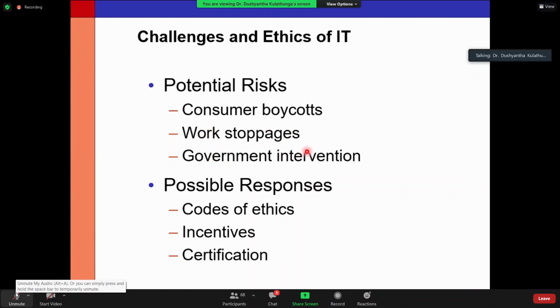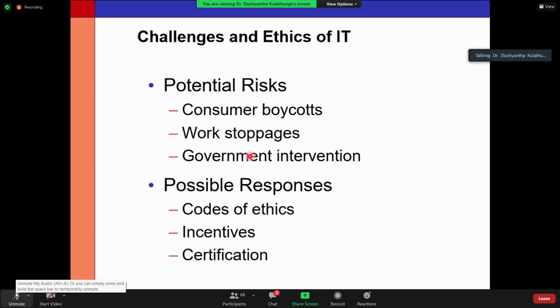Then again, government intervention. So government may introduce new laws to protect the customers. Then the organizations will have to abide by or follow the particular laws implemented by the government.